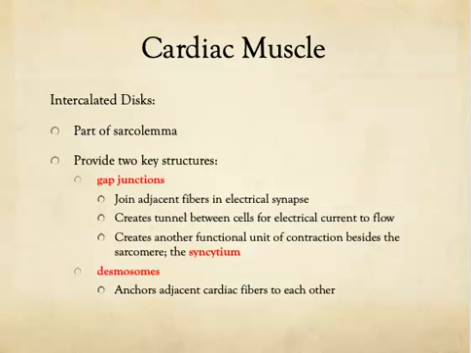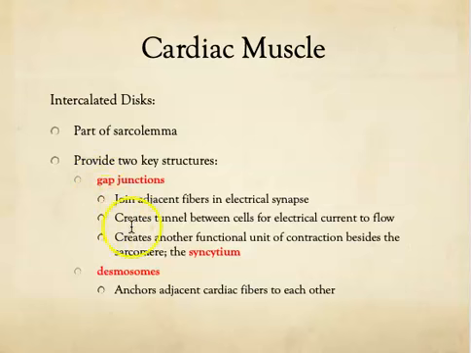So intercalated discs, which are embedded into the sarcolemma, provide those two key structures: gap junctions that create the electrical synapse between cardiomyocytes, creating a tunnel, essentially, for the electrical signal to travel, and desmosomes. Desmosomes are simply connection points, anchoring points between two adjacent cells. So they're held tightly together and they are connected with electrical synapses.